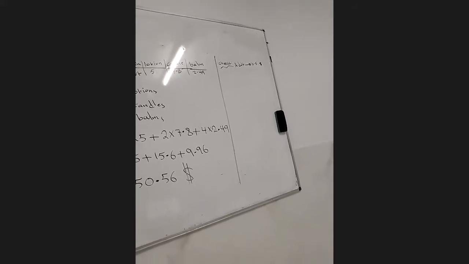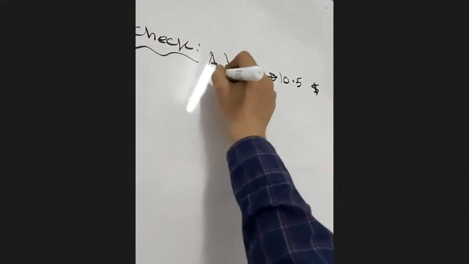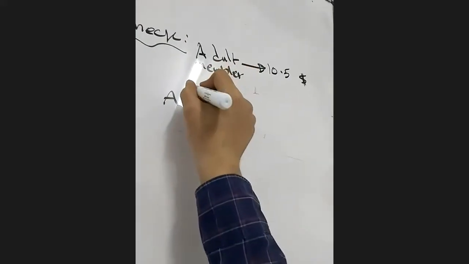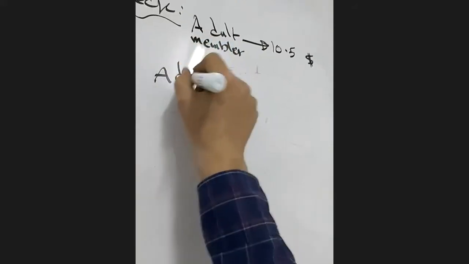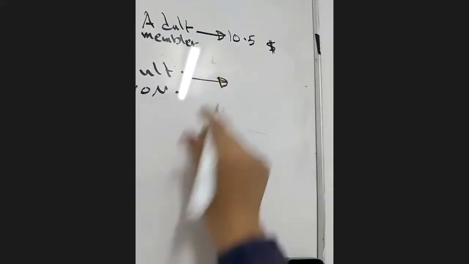For the adult, 10.5, this adult is the member. Yeah, adult member. And adult non-member. Non-member, yes. Okay, adult non-member. How much?